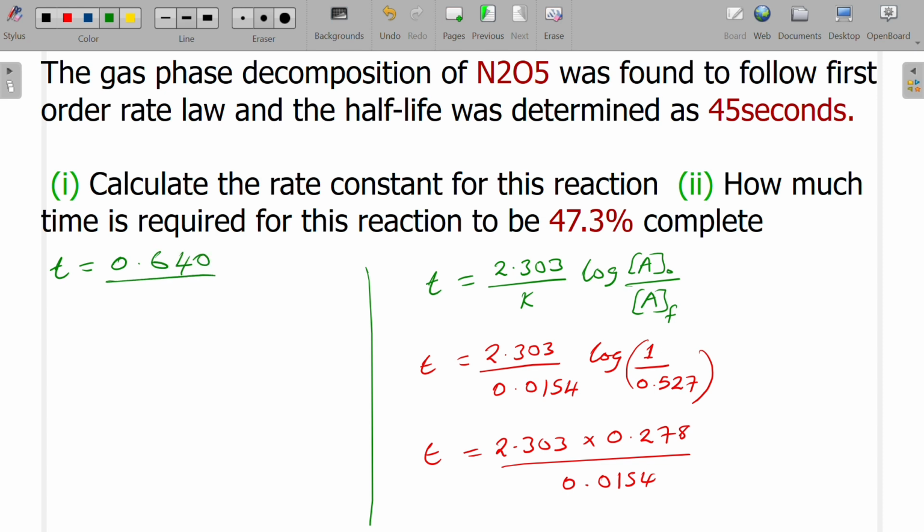And this will divide by still our 0.0154. And our t finally will be equal to, what I'm getting is 41.6 seconds. So it will take 41.6 seconds for the reaction to be 47.3% complete. So this is how we go about this type of questions.